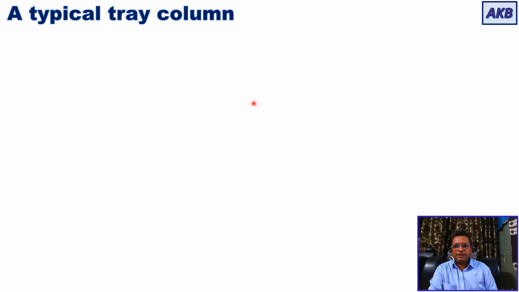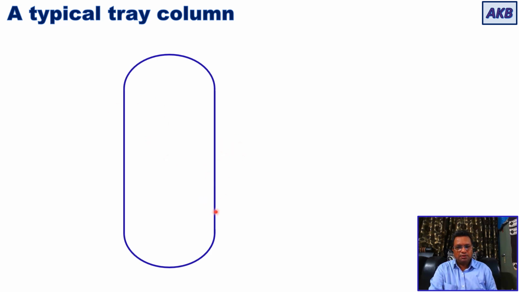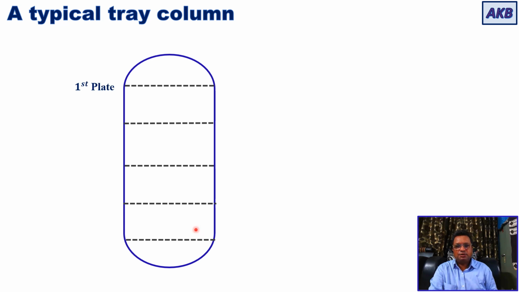Okay, now let us understand more about the tray column. For that I am drawing a schematic of a typical tray column. Let this represent the column. These are the trays inside the column. Then I am numbering those trays.